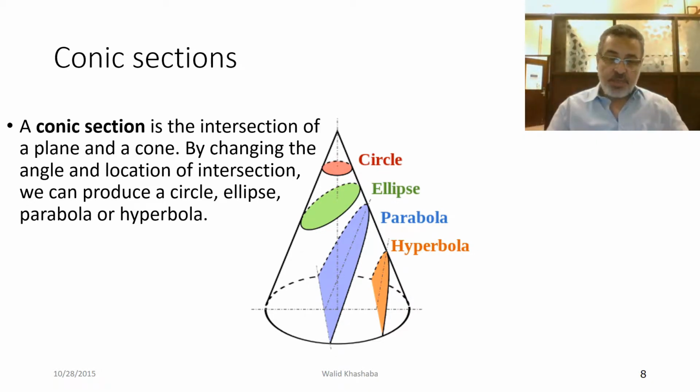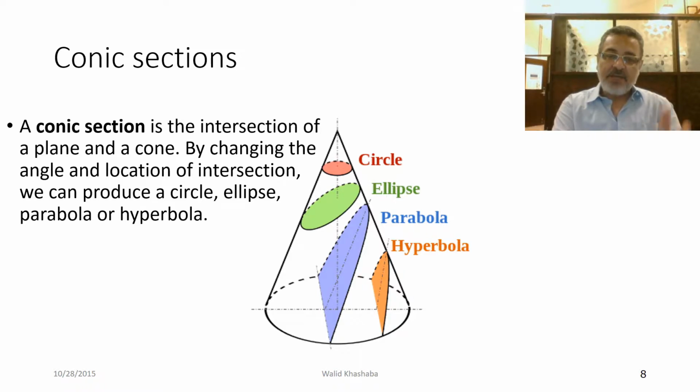If this plane is parallel to the base of the cone, we will have a circle like this one. If this plane is inclined, we will have the ellipse, this figure.